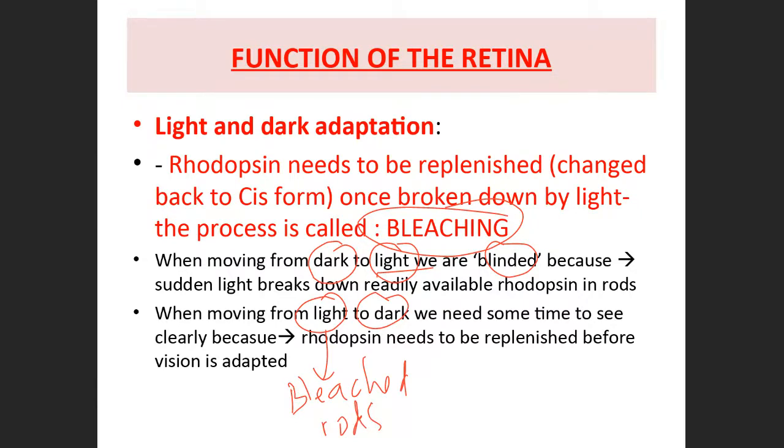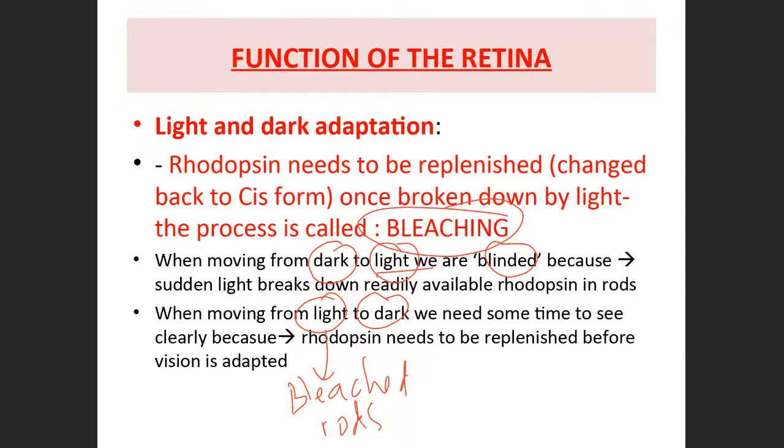You step into the dark, and you have, let's say, just to put a number, 50% of your photoreceptors bleached, the other 50% are okay, but you only have 50% of the photoreceptors that are okay, and all of a sudden you step into a dark place. You won't be able to see very well at first until those bleached photoreceptors begin to be active again, and now all of a sudden you may have 80% of the photoreceptors active and you can see better.